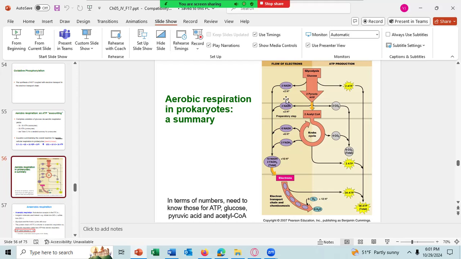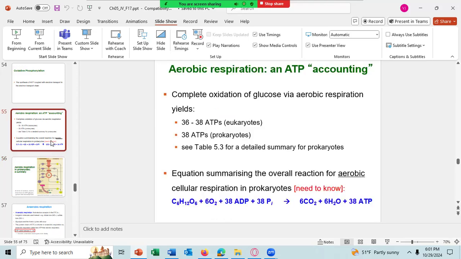But in the heart, the liver, and the kidneys, the NADH molecules stay as NADH, and so they're more efficient at generating ATP. Any question about any of that?